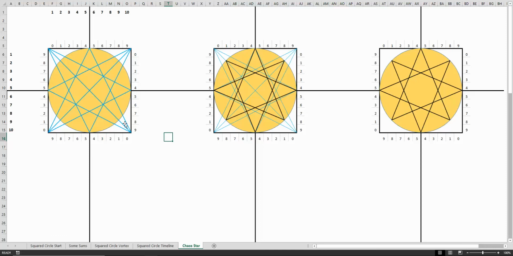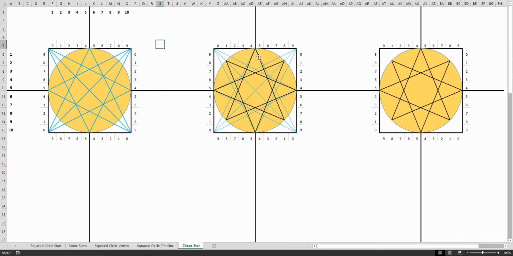So I think 0 and 5 are the positive and the negative opposites. 1 and 2, 3 and 8, 4 and 7, and 6 or 9 are each one's opposite. So if I go on this from 0 to 5, back to 0, and I go from 0 to each corner that it can line up to with a line, and from 0 to each 5, and the same thing for 5, it gives me this pattern here.